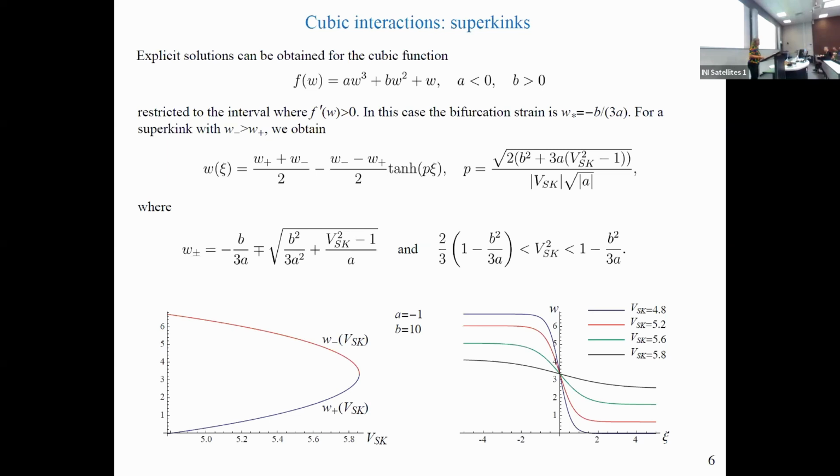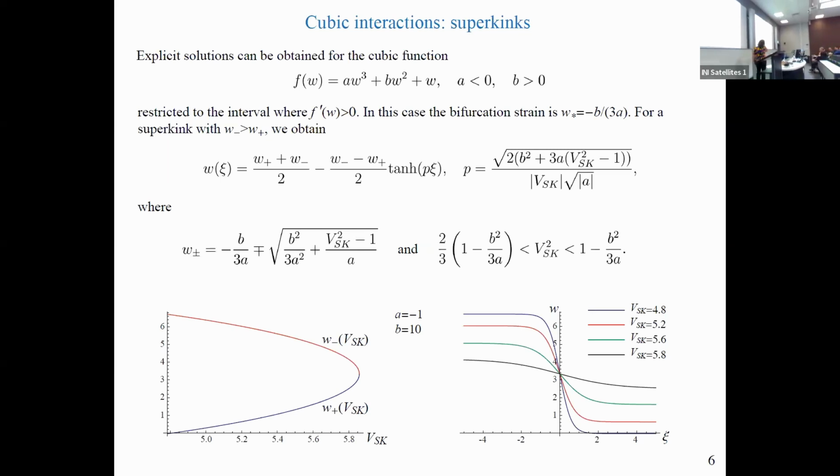So you have both alpha and beta, but alpha happens to be negative. This is to ensure that we have this convex-concave interaction. And so we are restricting ourselves to the physical regime where f prime is positive. And then you can obtain solutions explicitly in this form.